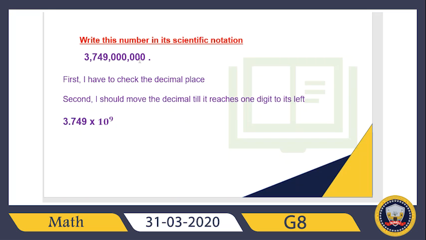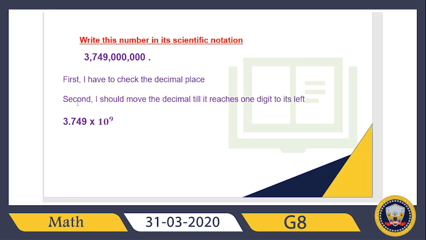How many? 1 2 3 4 5 6 7 8 9. So my new number will be 3.749 times 10 to the power of 9 steps which I moved.